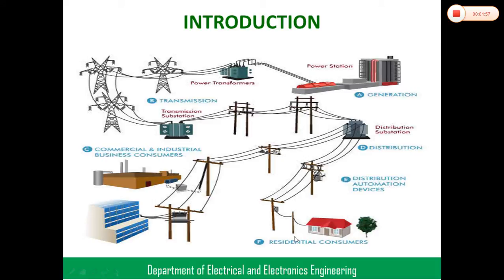So in this total network, we need to know the parameters, that is voltage, current, power and energy. These 4 parameters are very important. That's why in this video, I am going to discuss these 4 definitions.